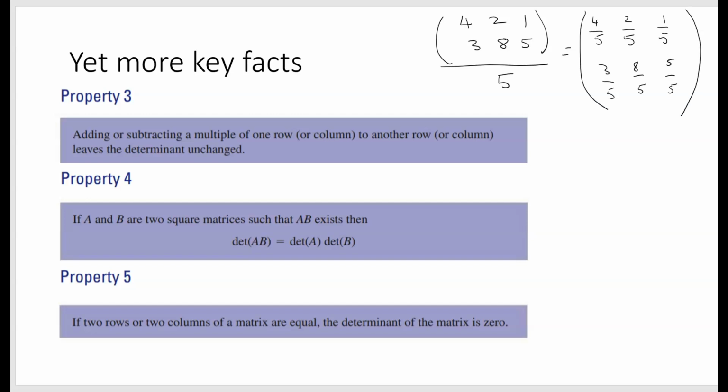And property 5: if 2 rows or 2 columns of the matrix are equal, then the determinant is 0. That's something you need to particularly remember.